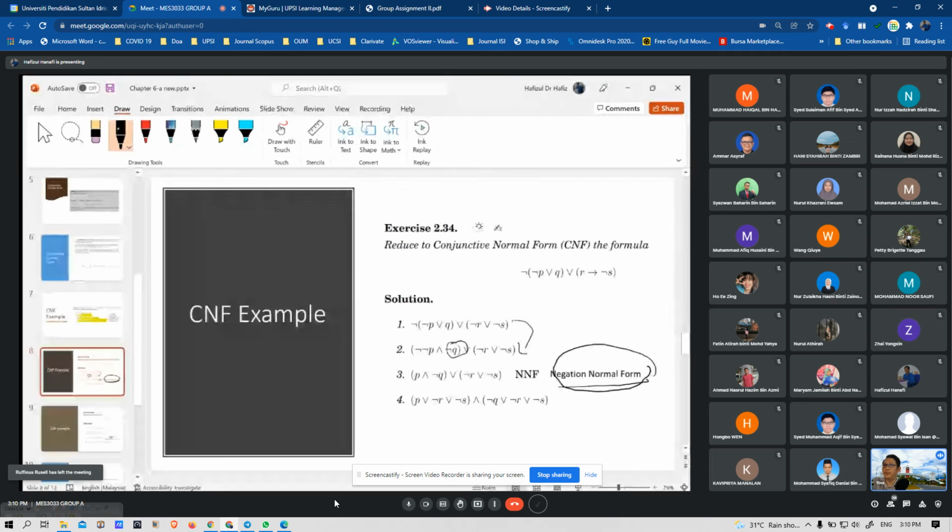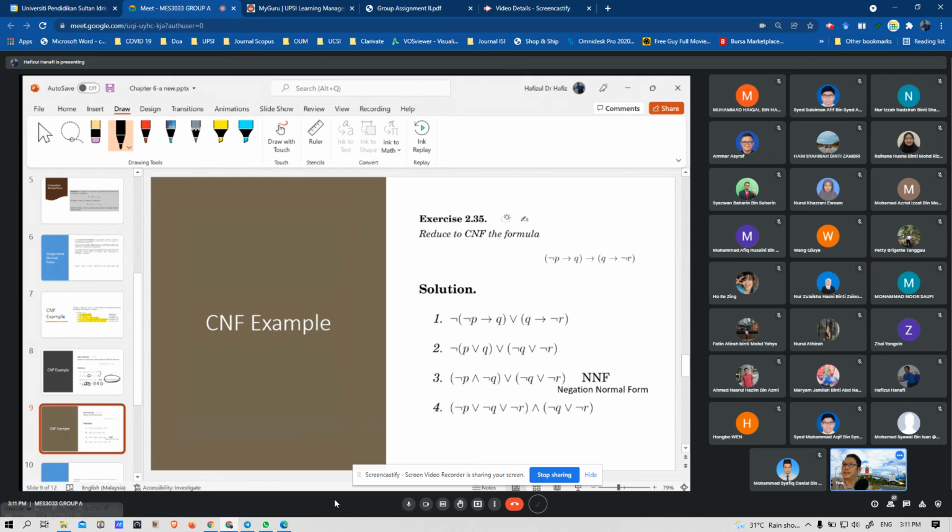Then we got P and negate Q, or negate R or negate S, and then finally we go by the associative law. We got (P or negate R or negate S) and (negate Q or negate R or negate S). This one is example one.